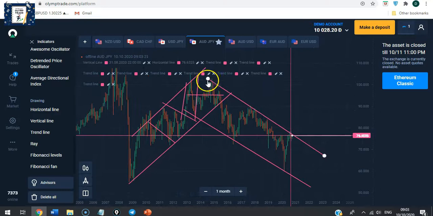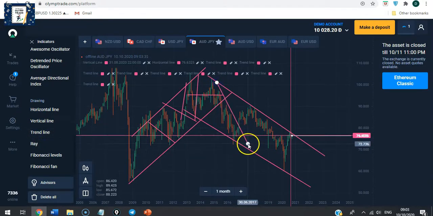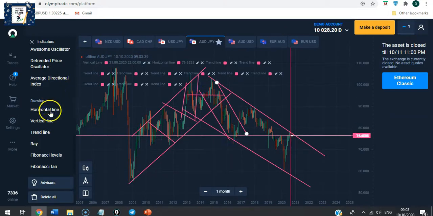Let's just make this a little bit more accurate. Here we have the downward impulse move structure. Then we have the retracement structure.